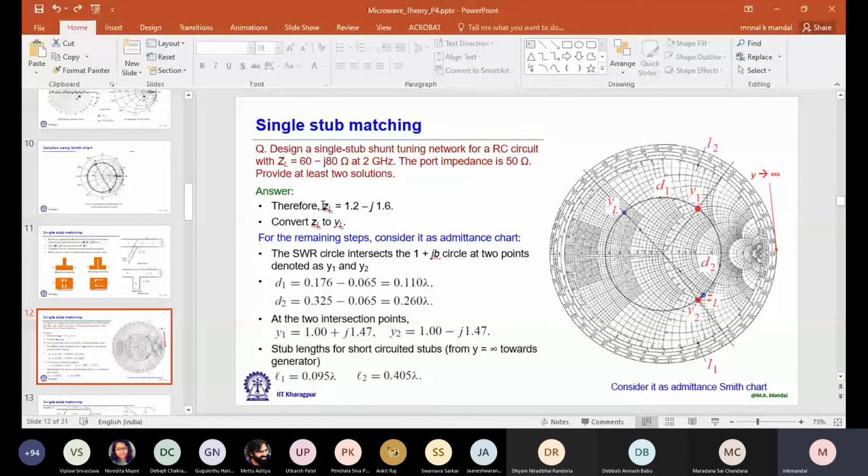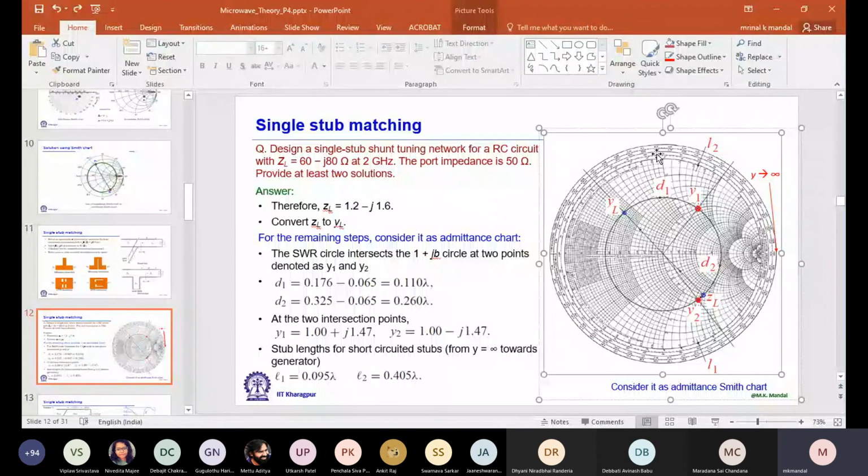Mathematically you can do it by considering 1 by ZL, that is 1 by 1.2 minus j1.6, or you can use this Smith chart also. We know the procedure, ZL to YL. Once we have the YL, we don't have to go back to impedance, so I can use this Smith chart as the admittance Smith chart.